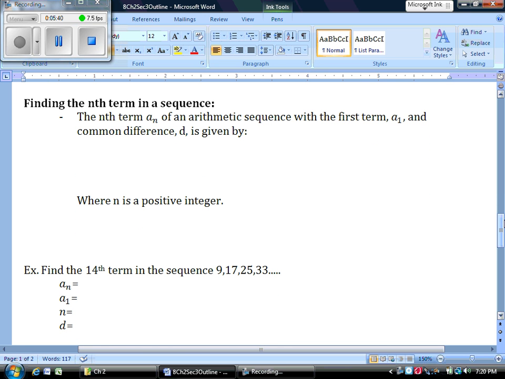On the back now we have some new material. Okay? This is where it starts to get a little more complicated. We're going to be using a lot more algebra involved. Okay?